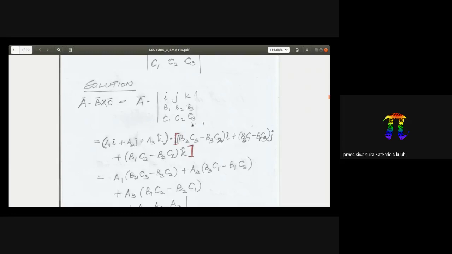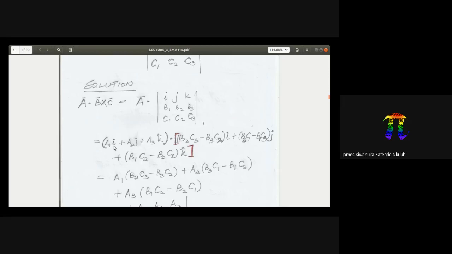That will be also a vector. So A is this thing. And when you get the determinant of this matrix, you get what is in the square brackets. It goes on up to here. So now you can expand this further. You get the product of A1 i and the whole of this thing, and so on.